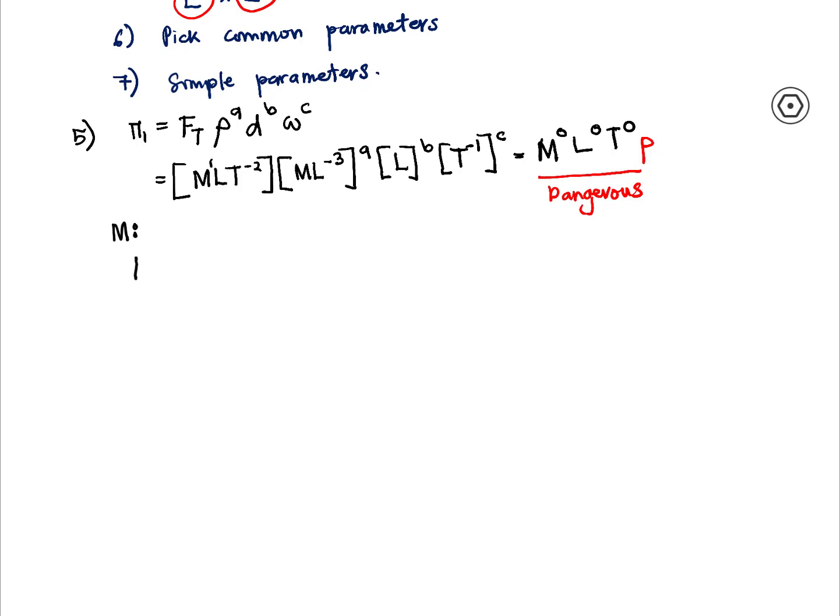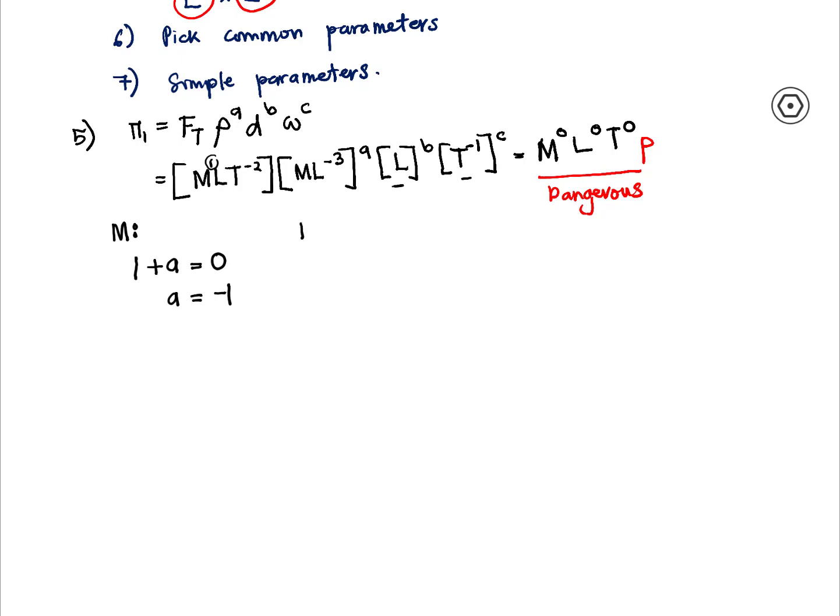So we put 1, this 1, and then M to the power of 1 times A, so it will be plus A. And then for this there is no M, and for C there is no M. And then it's equal to 0. A is equal to minus 1.